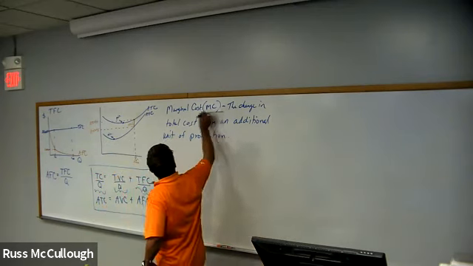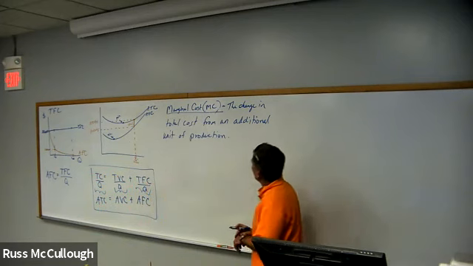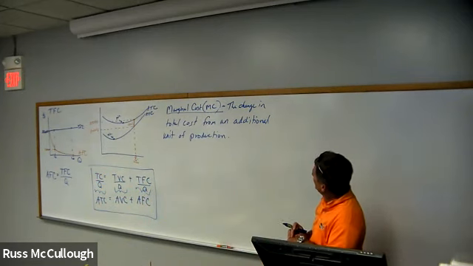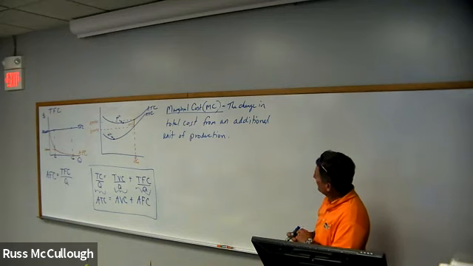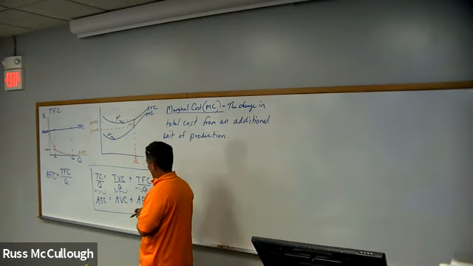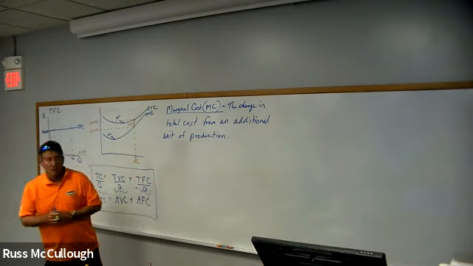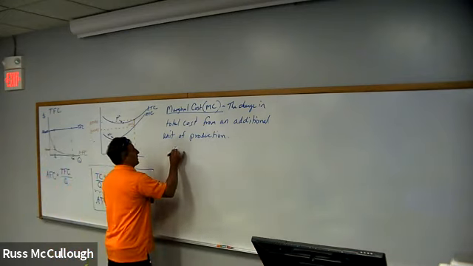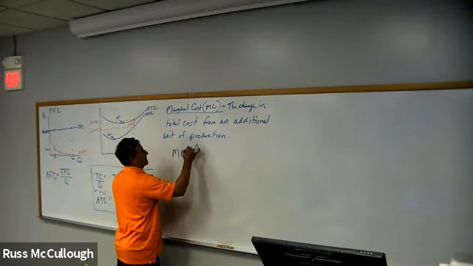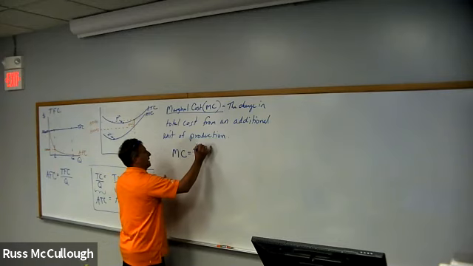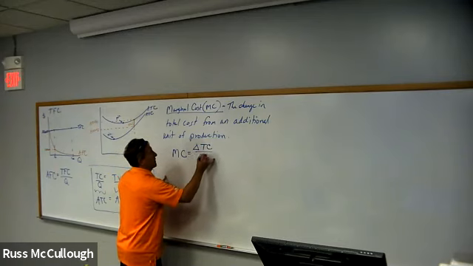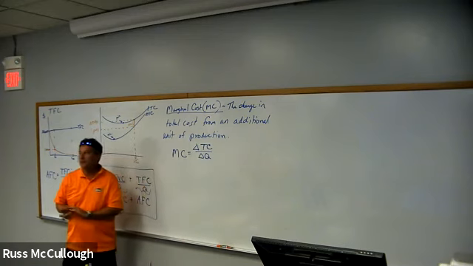Marginal cost is the change in total cost from an additional unit of production. So formula-wise, marginal cost is the change, we're going to use a little delta like in math class, the change in total cost from the change in quantity.